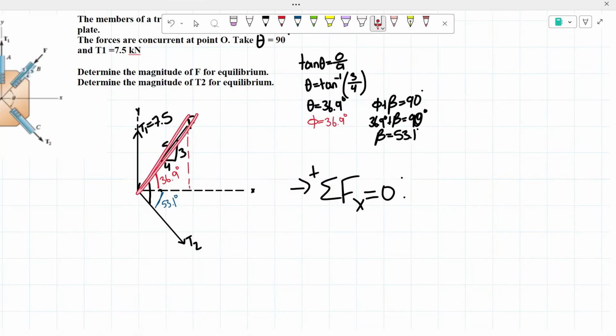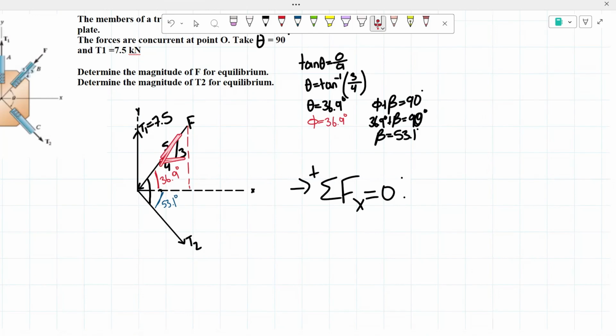Now we have the force F. We are trying to find the horizontal component to it, but we're also trying to determine the magnitude of F, so we're going to be using the side of 4 and 5.